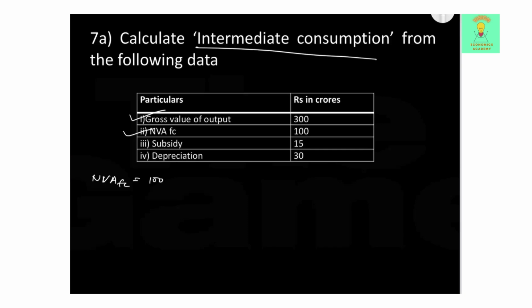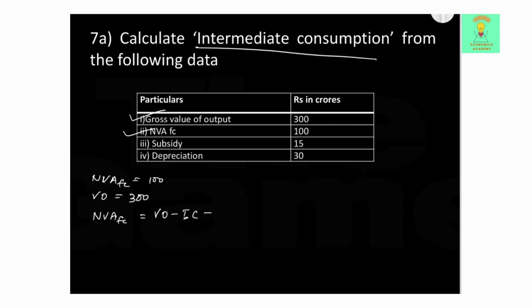Value of output, gross value of output, is also given, which is 300, right? So NVAFC is equal to value of output minus intermediate consumption, okay, which will give us value added GVA.